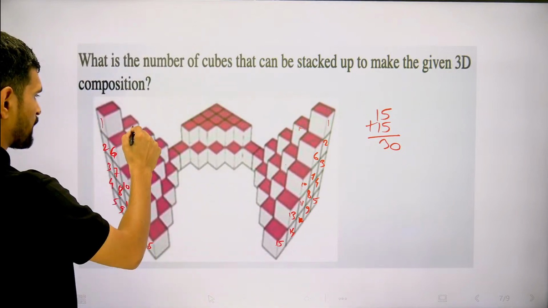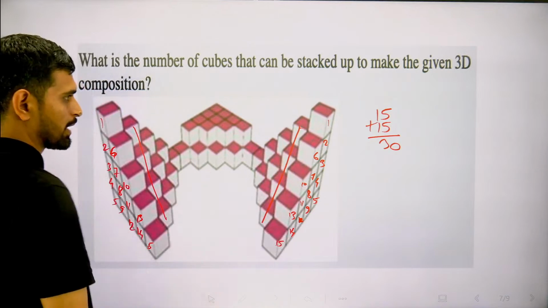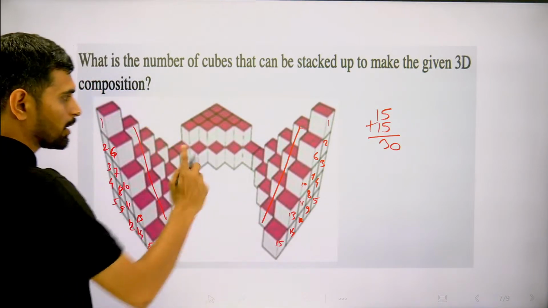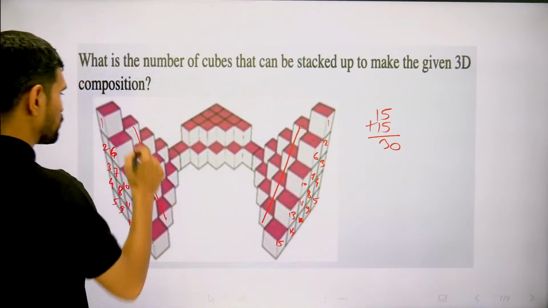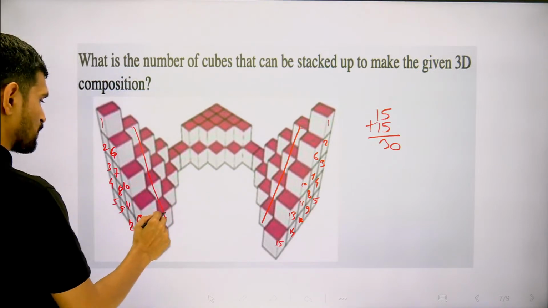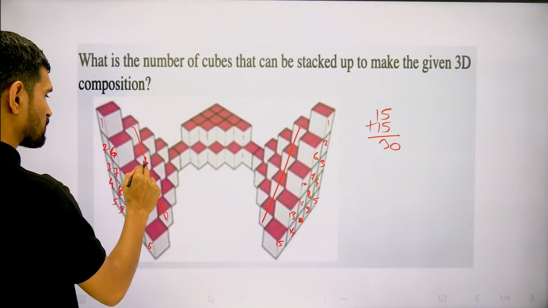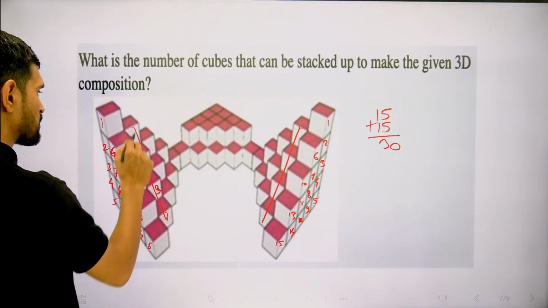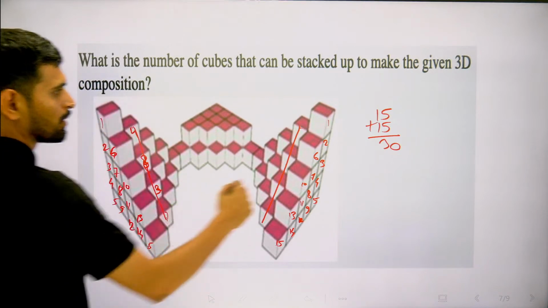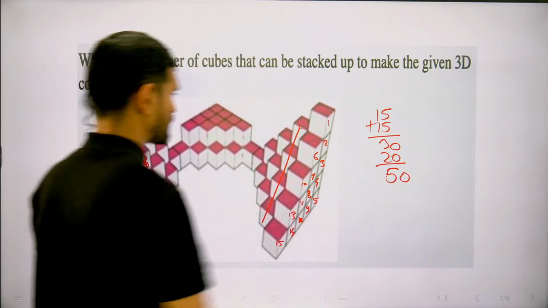Now, if I count these many, there will be similar here as well. So I can count here and multiply it by 2. So see, 1, 2, 3, 4. So 1 here, 2 here, 3 here, 3 plus 3, 6, 6 plus 4, 10. So 10 and 10, 20 more. So that will make it 50.